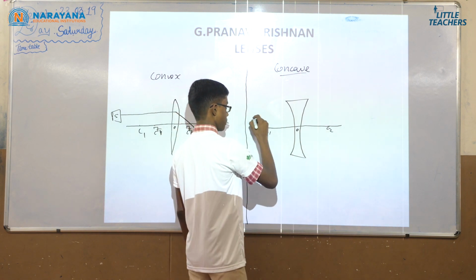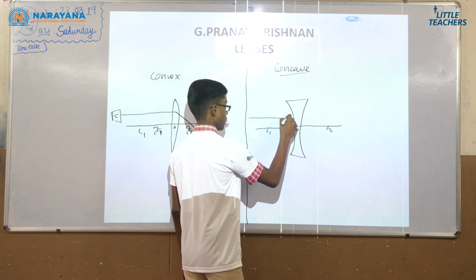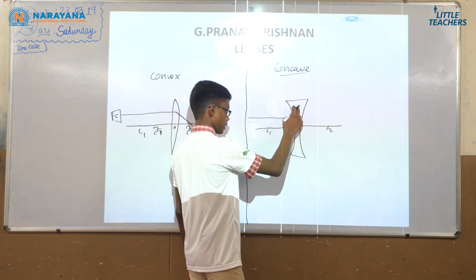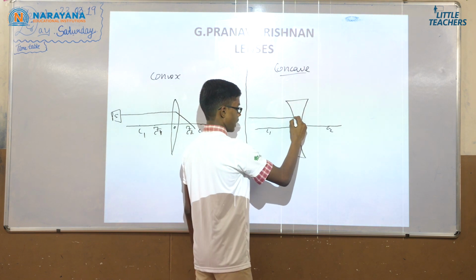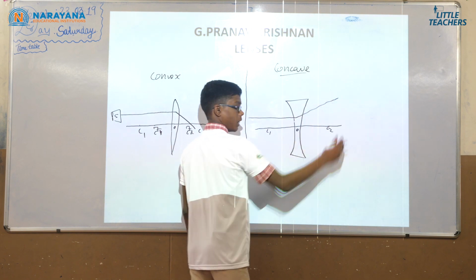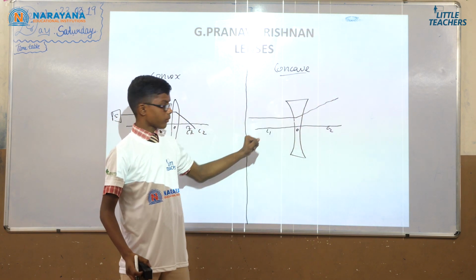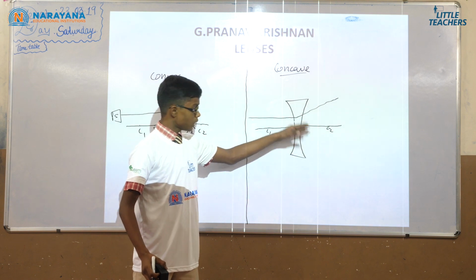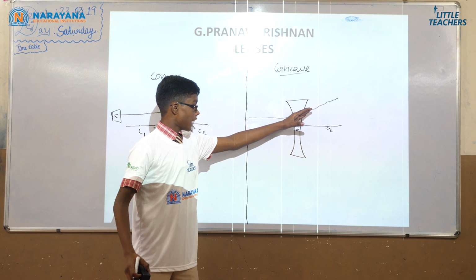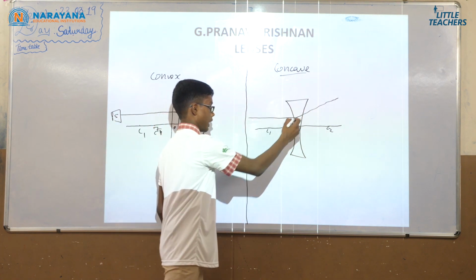Now let's take another parallel ray which is incident on the surface of the concave lens. After this gets incident, this ray refracts and diverges. Since it diverges, it does not meet on the principal axis. To find the focus, we extend this line behind.